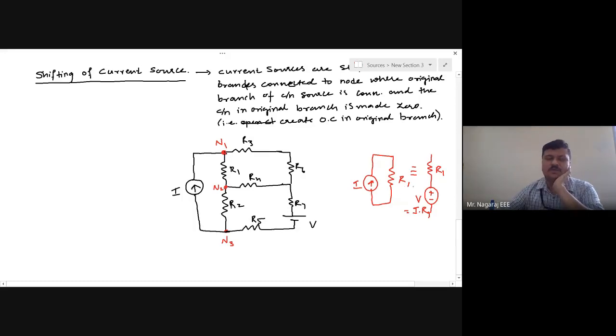But the problem is that the source I is not only in parallel to R1, and not only in parallel to R2. It is in parallel to the combination of R1 and R2 such that between them there is a node. If it was in parallel with R1 and R2 connected in series, then I would have taken I in parallel with R1 plus R2 and converted this.